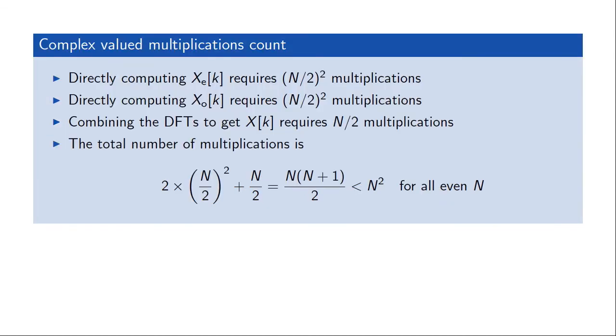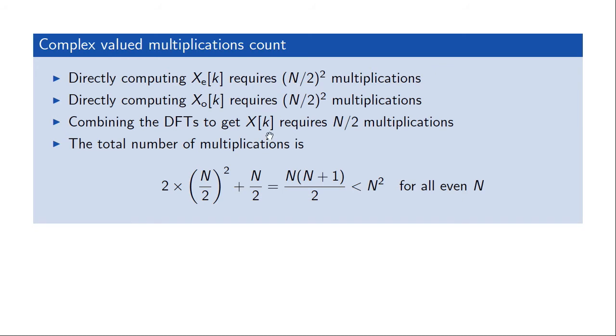So let's consider the number of complex valued multiplications that would be required in order to follow the previous derivation in order to compute the DFT of x of n. So the ingredients that we had were Xe of k, which is a DFT of the even terms, and Xo of k, which is a DFT of the odd terms. And since both of these are N over 2 point DFTs, we would need N over 2 squared complex valued multiplications in order to compute them, if they were computed in the straightforward fashion that we saw previously.